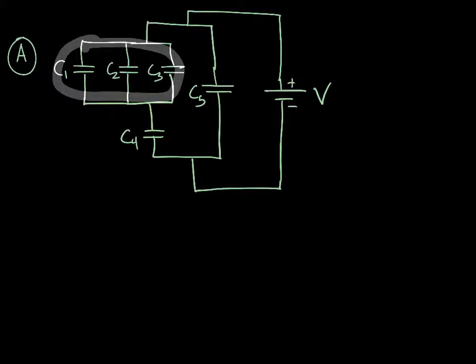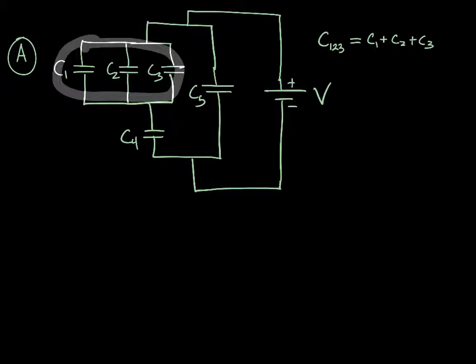And so the capacitance, I could call it 1, 2, 3, will just be the sum of those capacitors, because we just worked that out. When they're in parallel, I just add them.